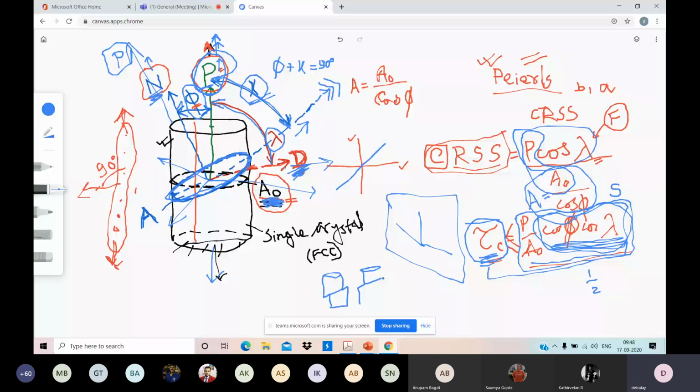Depending on the direction, this direction on this plane can be this, this direction on this plane can be this. So accordingly your slip will occur. Don't consider that phi plus lambda equal to 90 degree, because phi is the angle between N and P, and lambda is the angle between P and D.